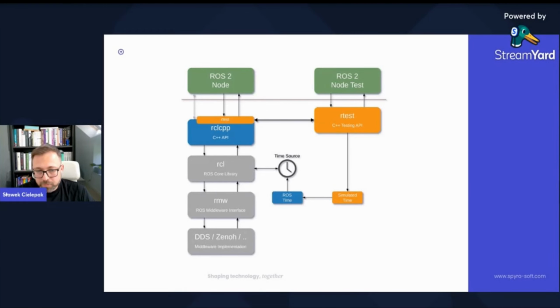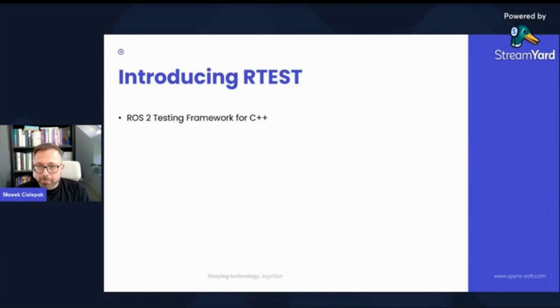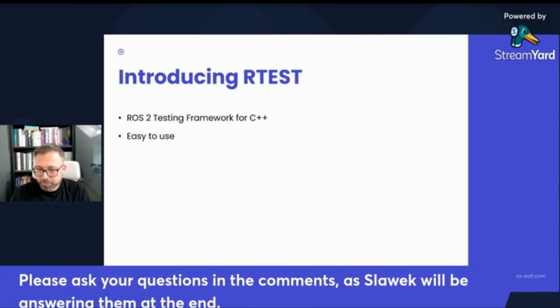In addition to that, we also take care of the time source. We can simulate the time flow to single nanoseconds or whatever is the precision of the ROS timer on your platform. So, like I mentioned, it's a testing framework. It's for C++ implementations. We think it is easy to use.